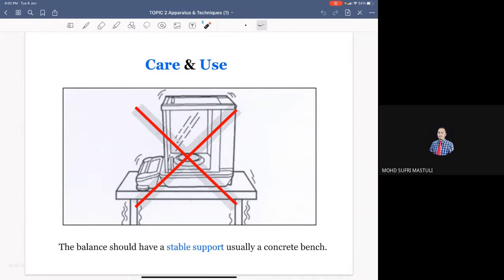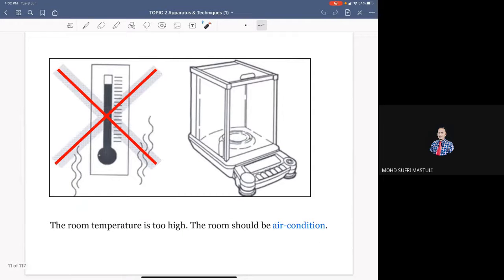The balance should be put on a stable support, for example, using the concrete bench. And also the balance should be placed in an air conditioned room. We don't want too high temperature surrounding it.